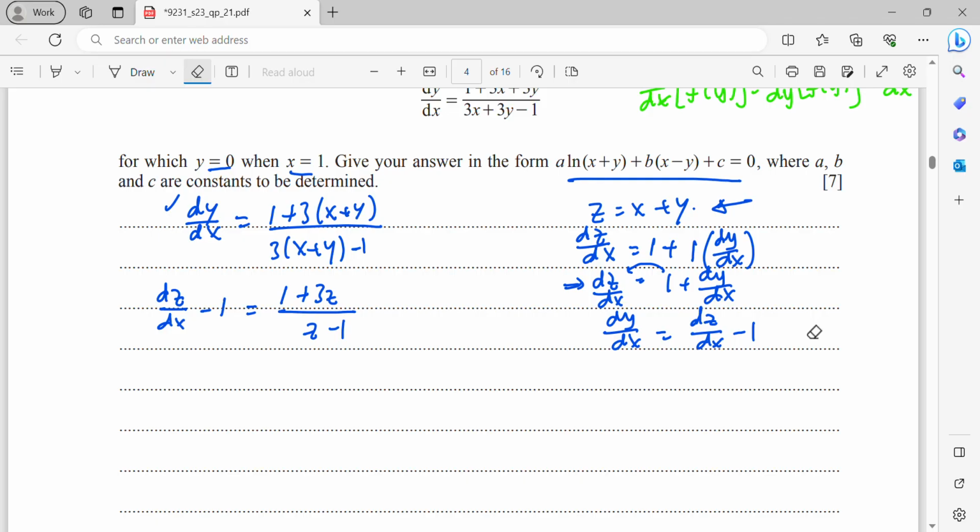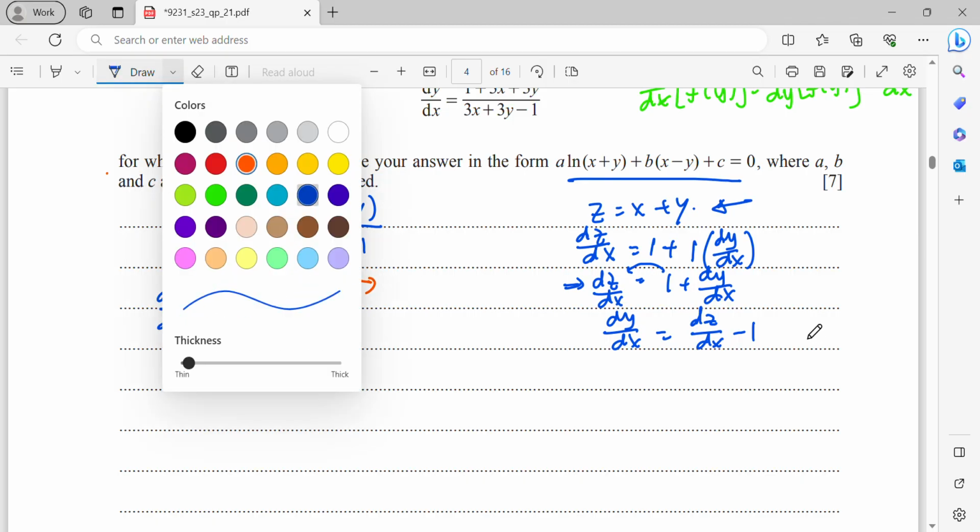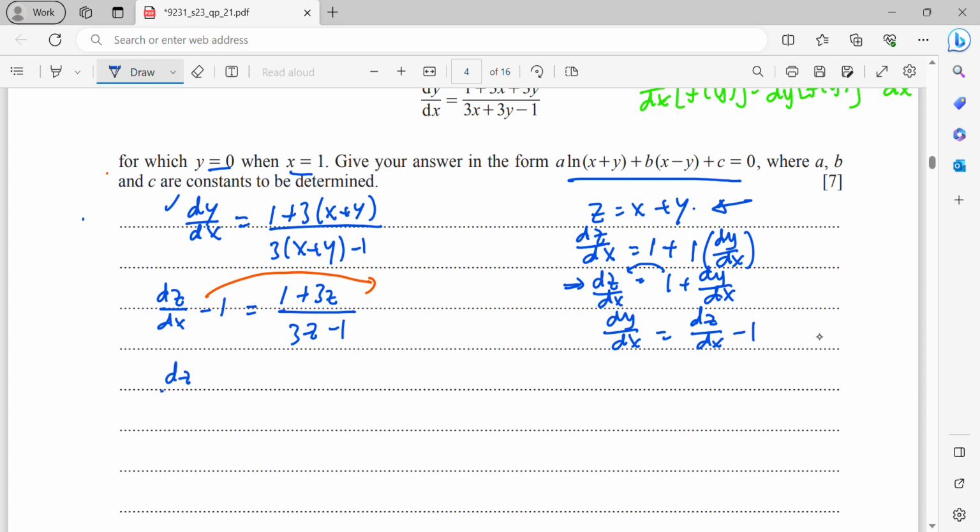After this, we need to move the minus 1 to the right side first. Then my dz/dx will be (1 plus 3z) over (3z minus 1), then plus another 1.